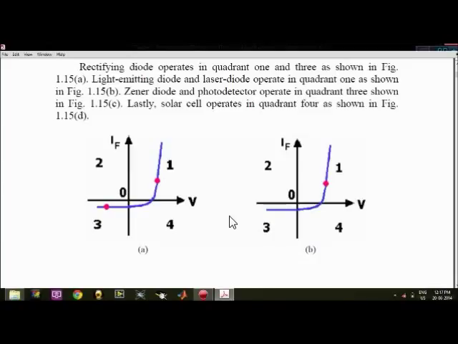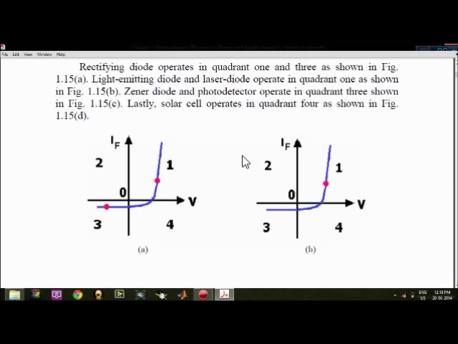So let me revise. You have read the diode characteristics in the first video. Basically the rectifying diode operates in these forward characteristics and with this reverse characteristics, in the first and third quadrant. The LEDs always work with the forward characteristics, that is in the active region, the first quadrant.